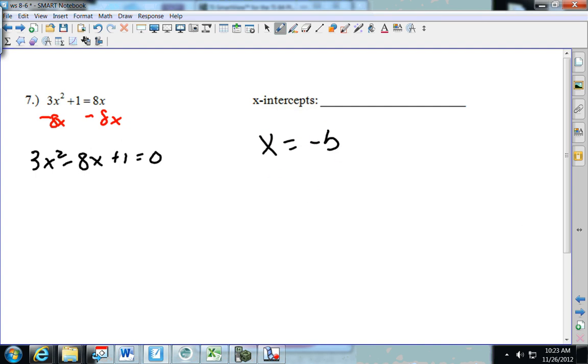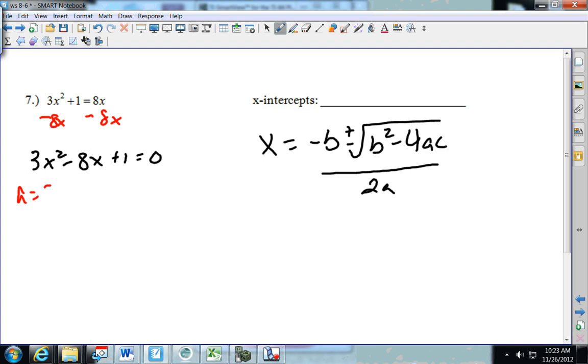X equals negative b plus or minus the square root of b squared minus 4ac, all over 2a. I always sing it now, whenever I say it. Okay. A is 3, B is negative 8, C is 1.